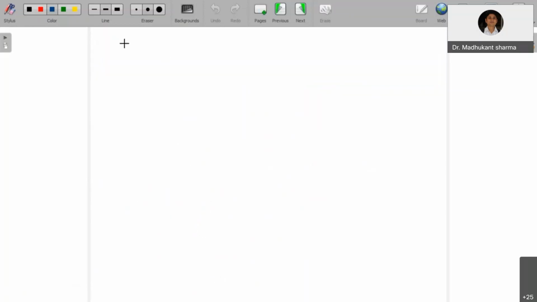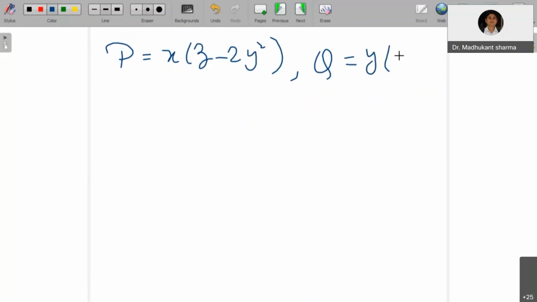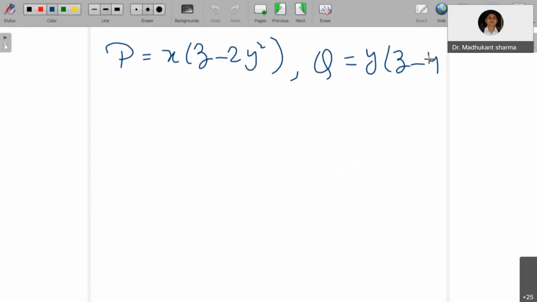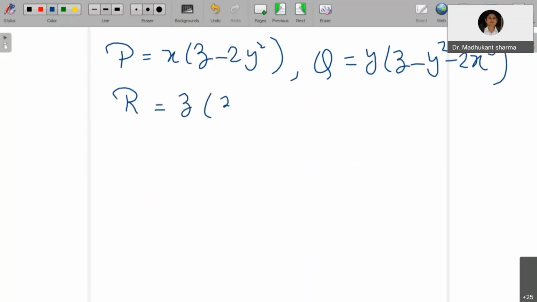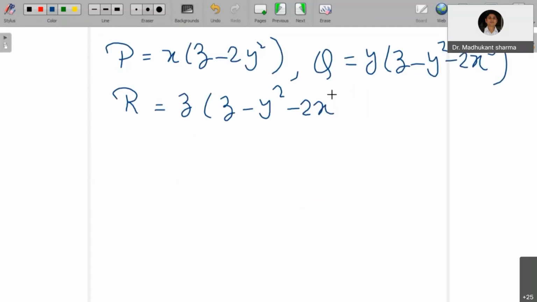So what we obtain is capital P equals x into z minus 2y square, Q equals y into z minus y square minus 2x cube, and R equals z into z minus y square minus 2x cube.